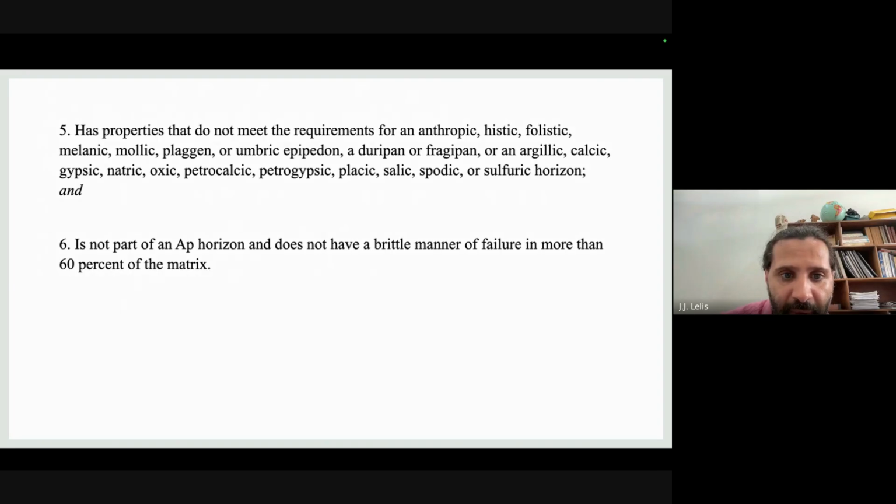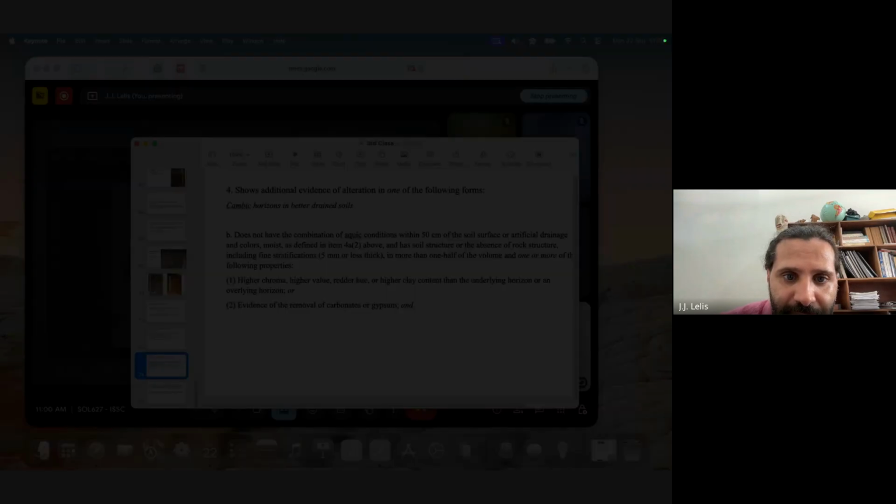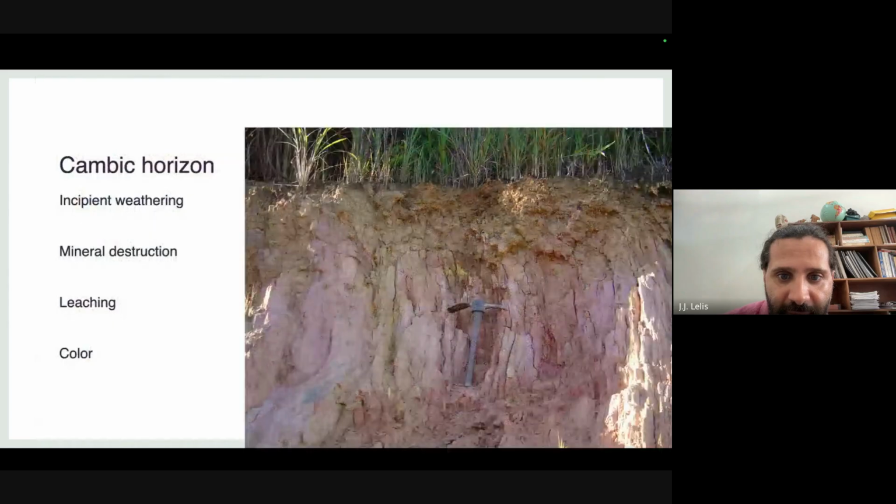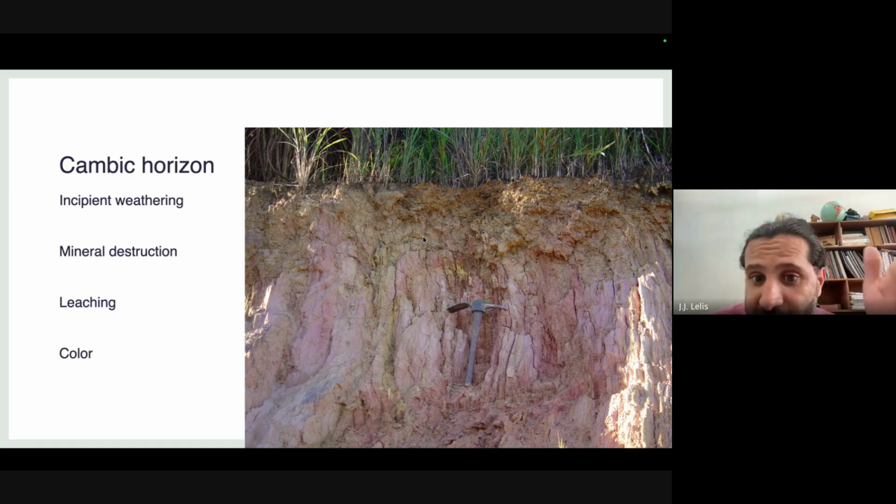So, for example, when we return to here, in this case, this horizon has a higher value and a higher chroma than this horizon, okay? Because you can see that this pinkish color is a light color. Do you agree with me? That's a lighter color than this? Yes, great. So I register here a darker color than this.